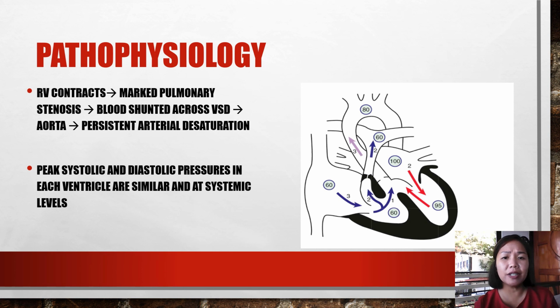But since there is a large VSD, which makes the systolic and diastolic pressure for both ventricles similar, some of the deoxygenated blood is shunted from the right to the left ventricle without passing through the lungs, and the blood joins the oxygenated blood coming from the lungs, going to the pulmonary veins, left atrium, and left ventricle. Thus, blood pumped out of the aorta is desaturated.